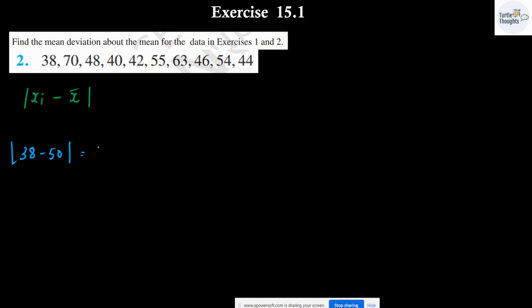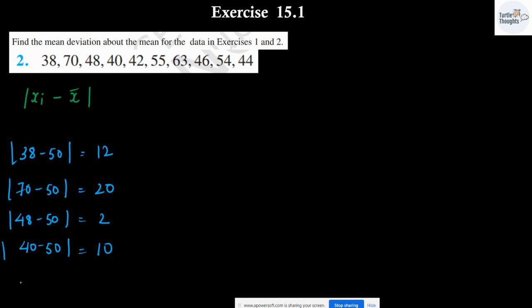I can write it as 12 because modulus is there. Next, 70 minus 50 is 20. 48 minus 50 is minus 2, so 2. Here it is 40 minus 50, which is minus 10. You can write it as plus 10.